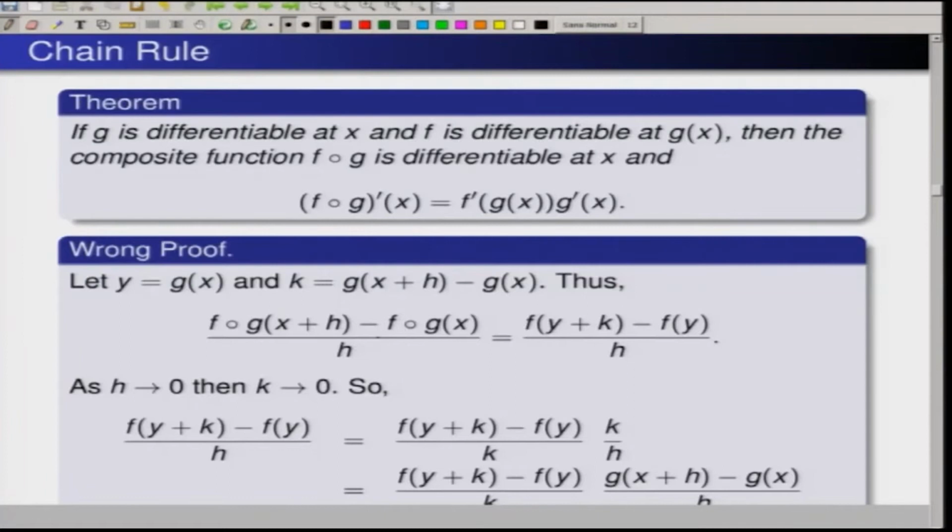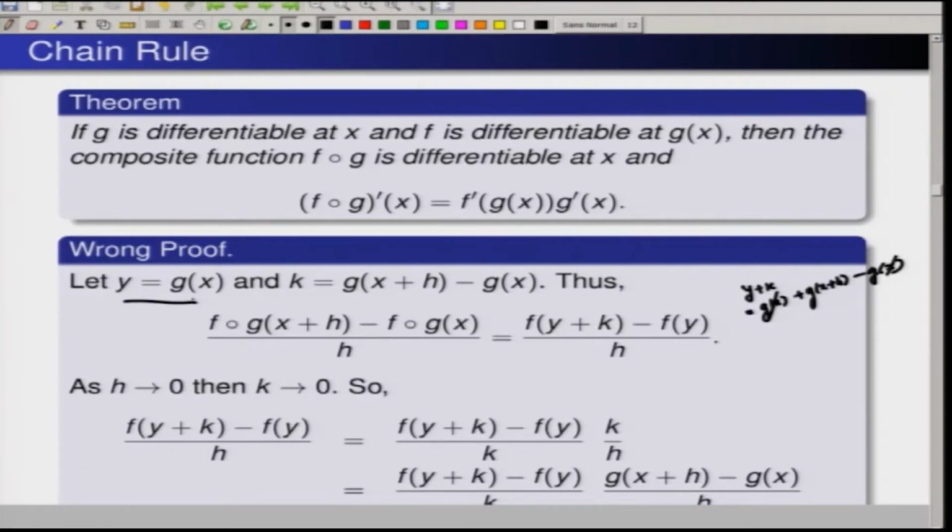So this is f of g of x plus h, which is g of x plus g of x plus h minus g of x. This gets cancelled. So this is f of y plus k, minus f of y, because g of x is equal to y, divided by h.